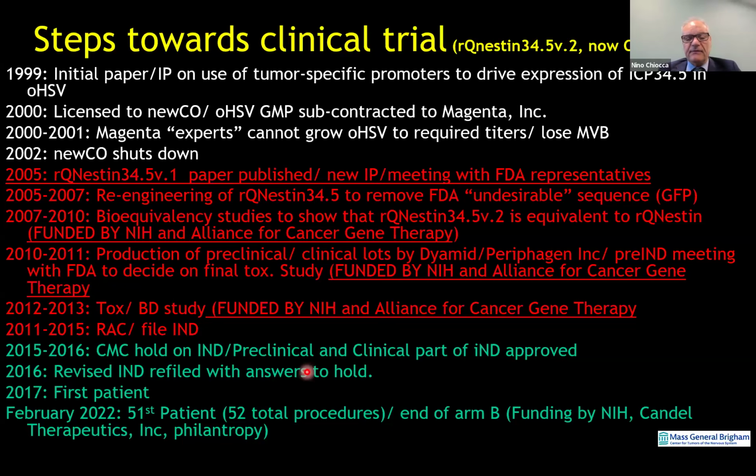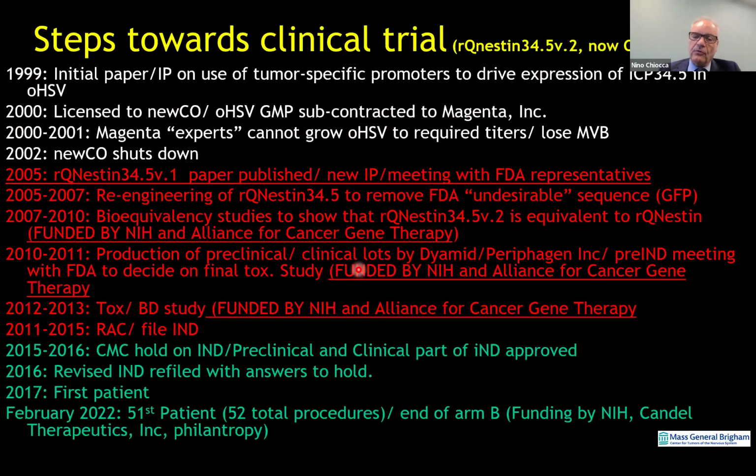So this is not for the faint of heart. This was done all academically, through academic funds, primarily through the NIH. This shows the journey of my lab and my collaborators in getting this into humans. In white, you see the original idea. Then we first went the biotech company route, but that didn't work very well.